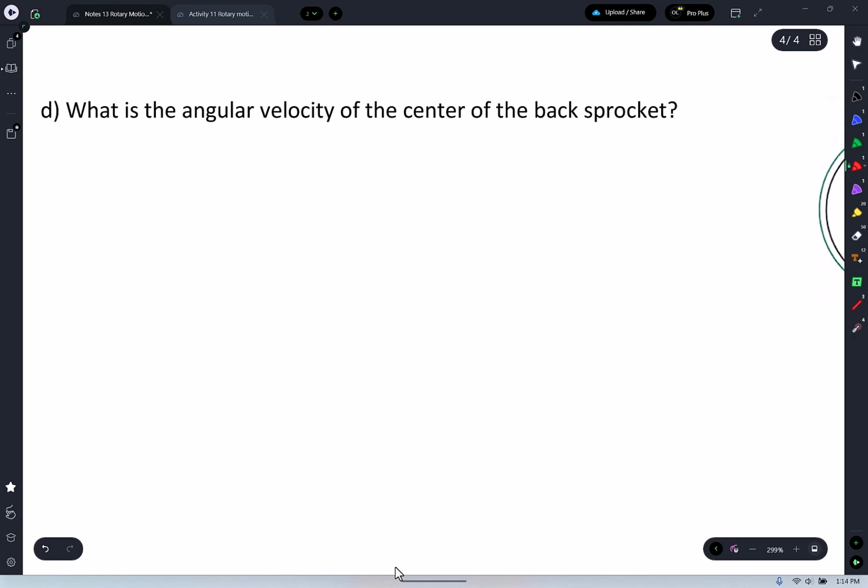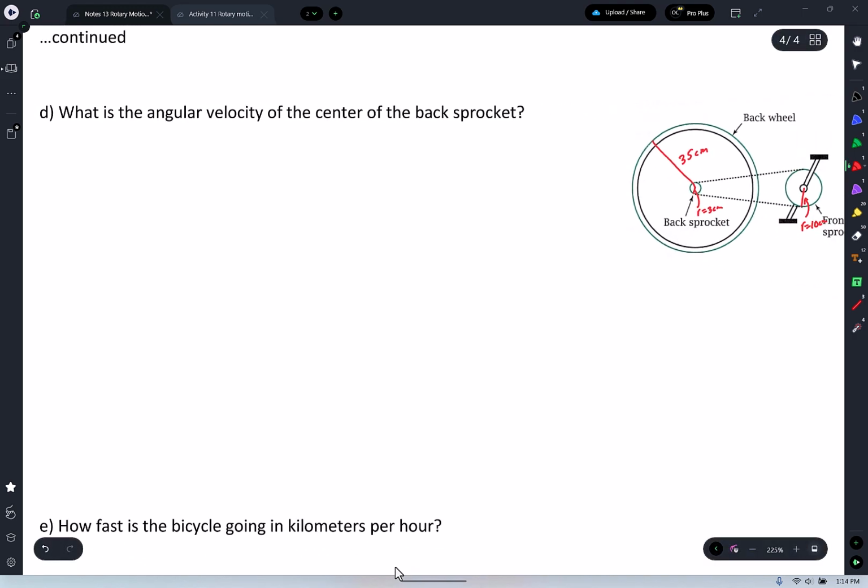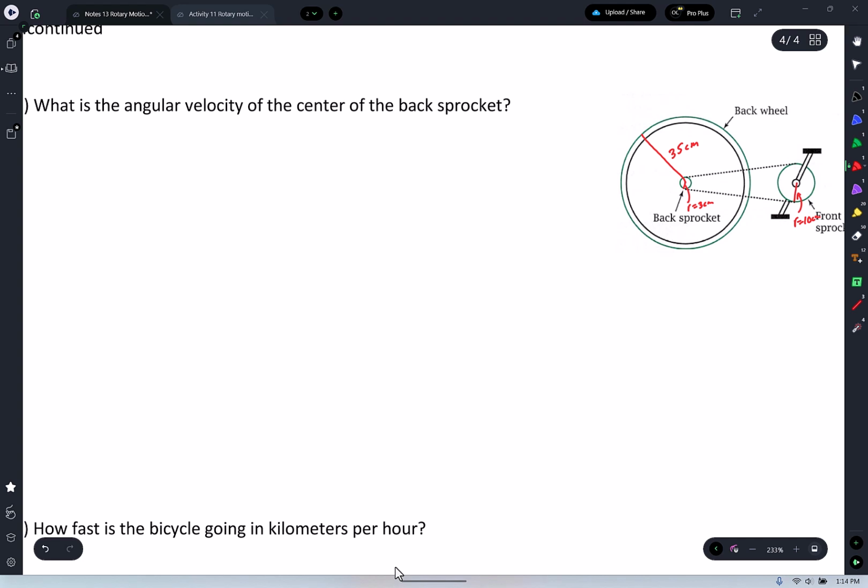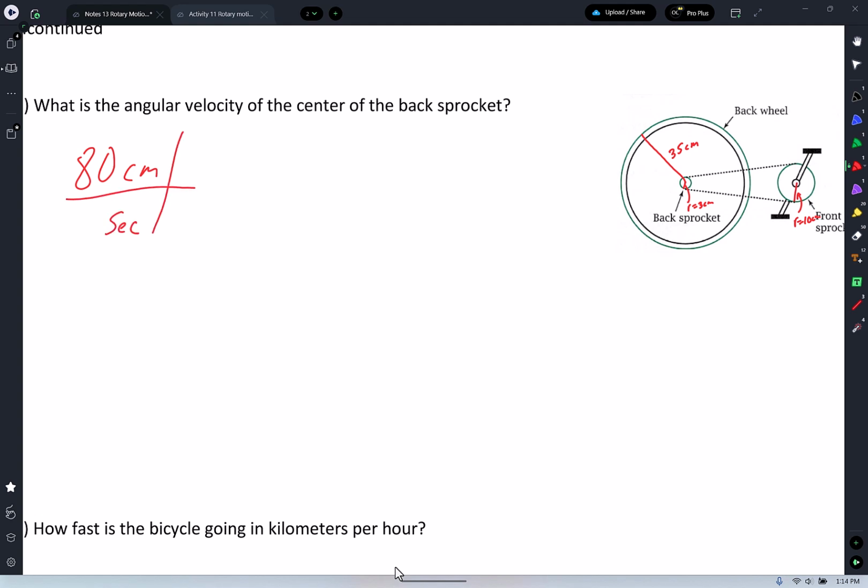What is the angular velocity of the center of the back sprocket? Now it wants to know how fast the back sprocket is spinning. Because it's smaller, it's spinning faster. So I'm going to take my linear velocity, 80 centimeters per second, and I'm going to convert it to angular. For the back sprocket, what's my radius?